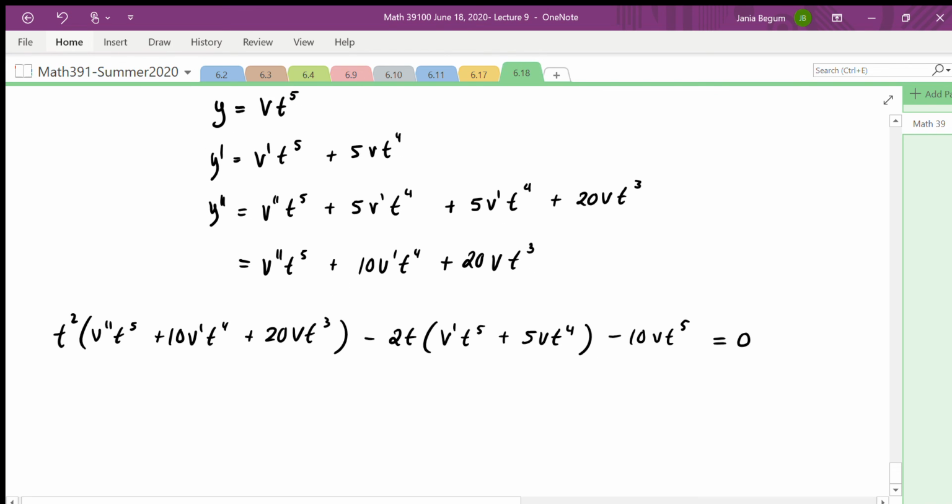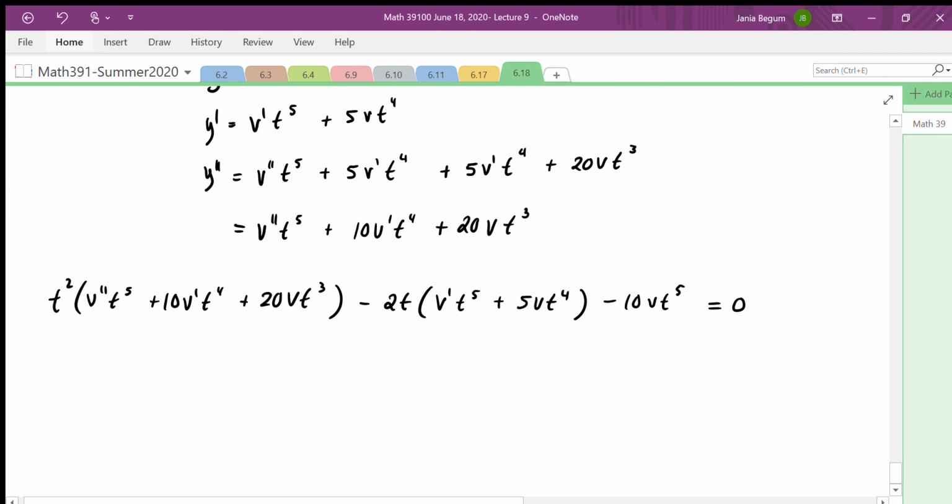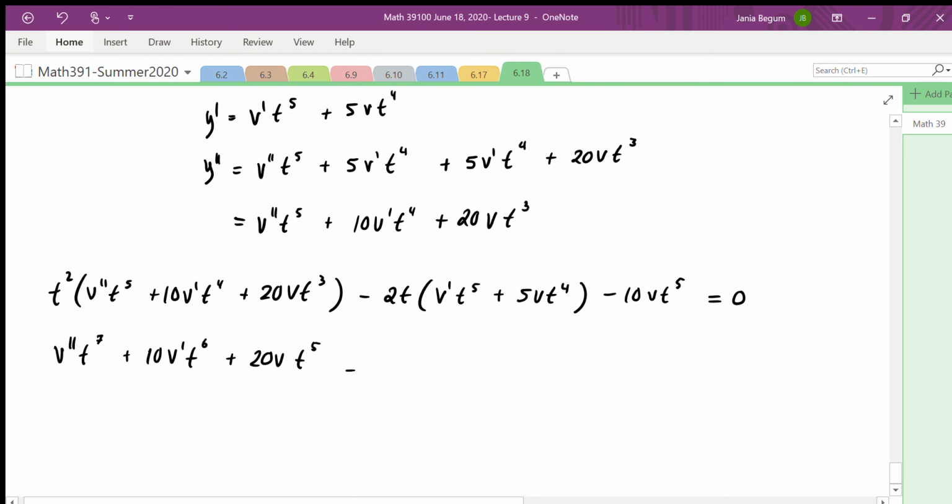So if I were to go ahead and continue and distribute, I have v double prime t to the 7th plus 10 v prime t to the 6th plus 20 v t to the 5th minus, and then here I'm going to distribute negative 2t, so I have 2 v prime t to the 6th minus 10 v t to the 5th minus 10 v t to the 5th equals 0.